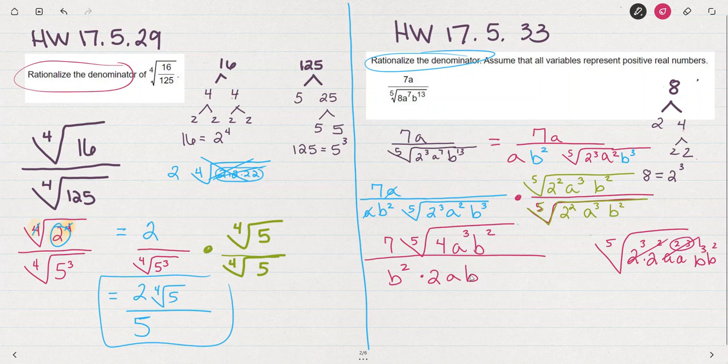From here, we would multiply those together, make them look a little bit better, a little nicer.